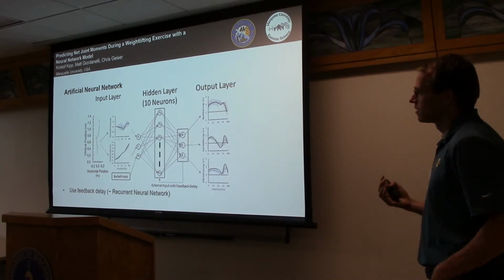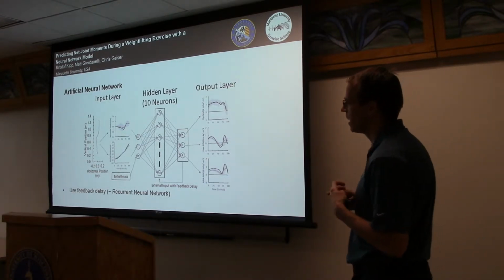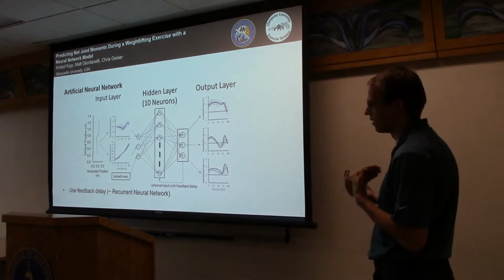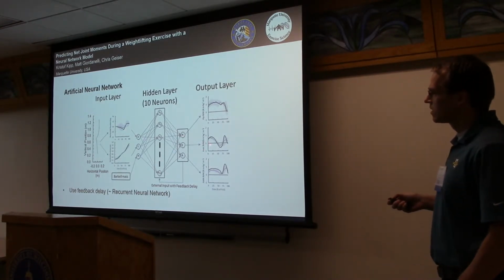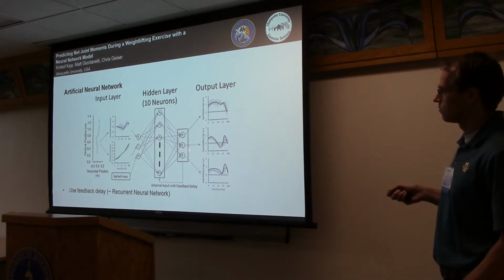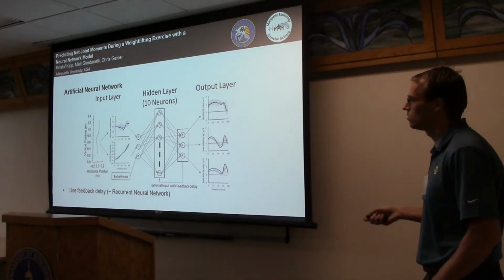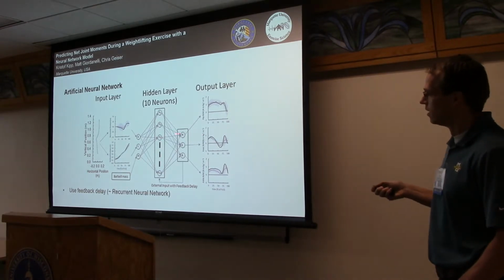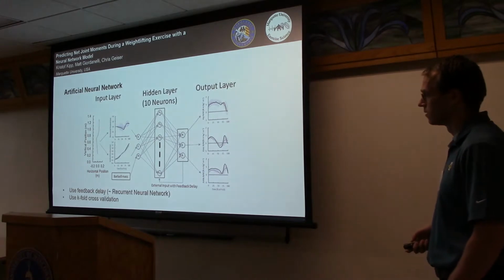And since we're dealing with time series data here, we actually used feedback delays, so quasi-recurrent neural network models, where as we're predicting these outputs, we kind of have an idea of what the outputs should be, so we use this data to feed back and refine the training process of the weights within the hidden layer.